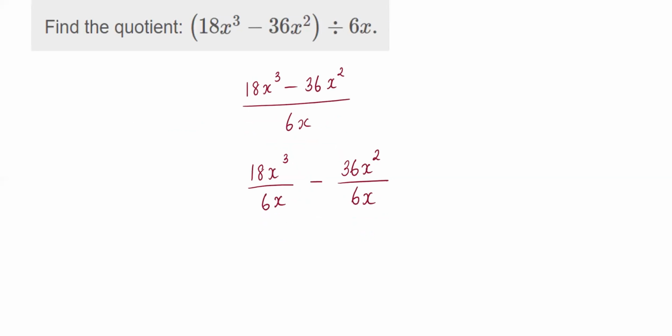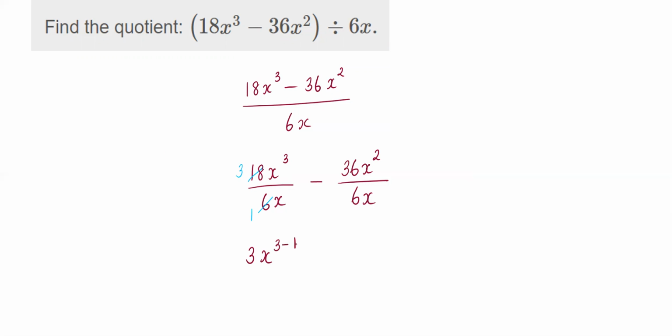All right, now we can handle them individually. Now we're looking at the numbers in the first fraction and the x's. The numbers can be simplified and the x's can also be combined using the properties. With numbers, I can cancel it off as 6 times 1 and 6 times 3. So 3 is what I get out of the numbers, but with the letters, the bigger power is on the top, so I have to do 3 minus 1.